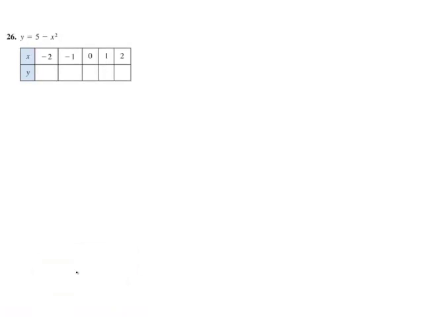Okay. So when x is negative 2, we got to go figure out what y is. Start with the easiest though. When x is 0, what's y? Right. When x is 0, then y is 5. Good. When x is 1, what is y?